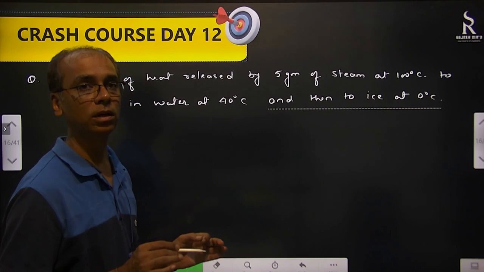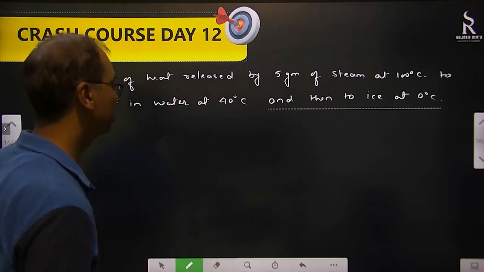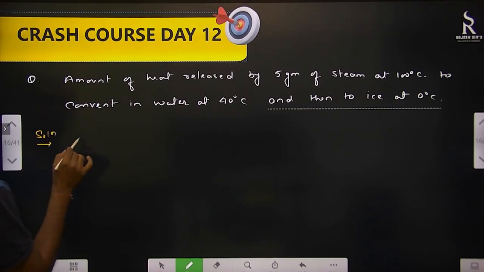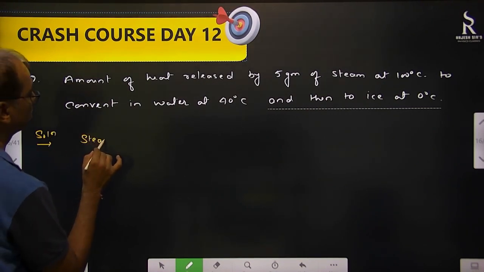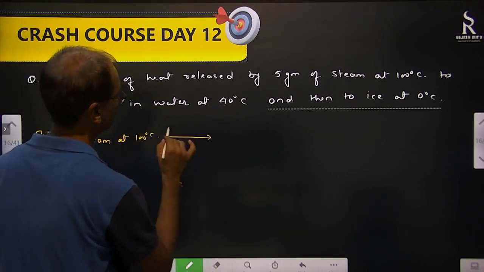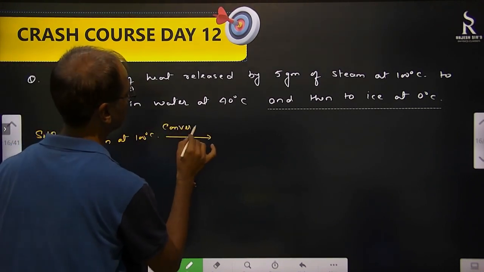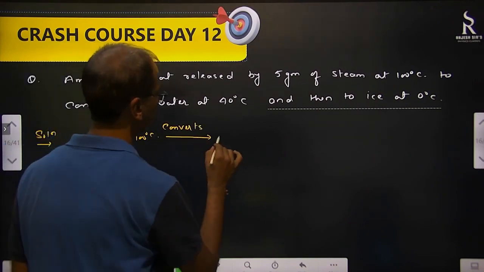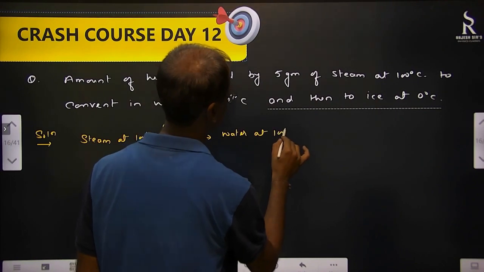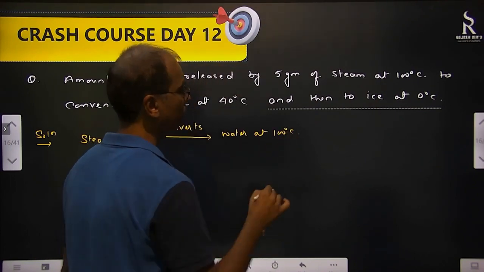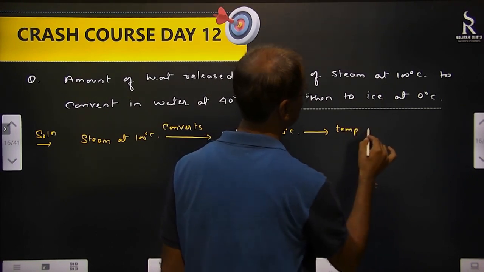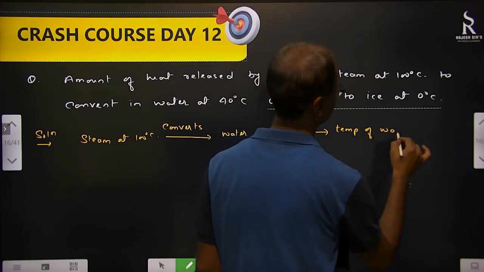So, steam at 100 degrees centigrade first converts into water at 100 degrees centigrade. Then temperature of water decreases to 40.